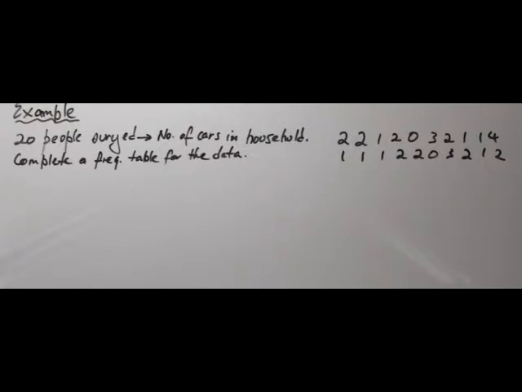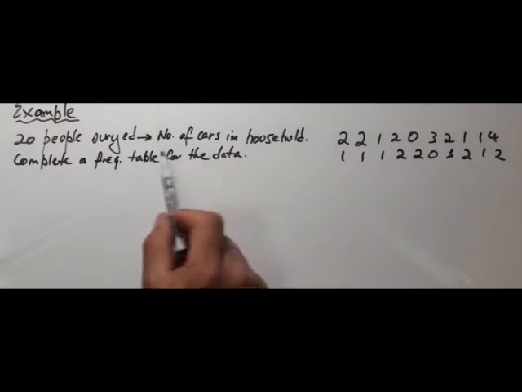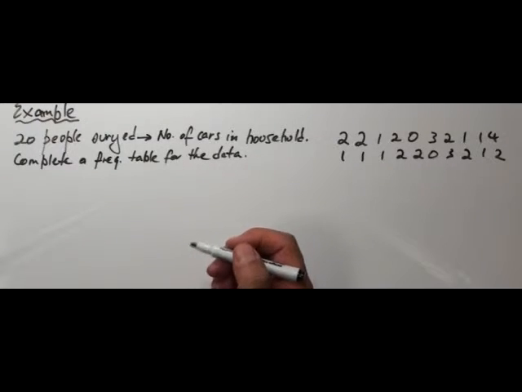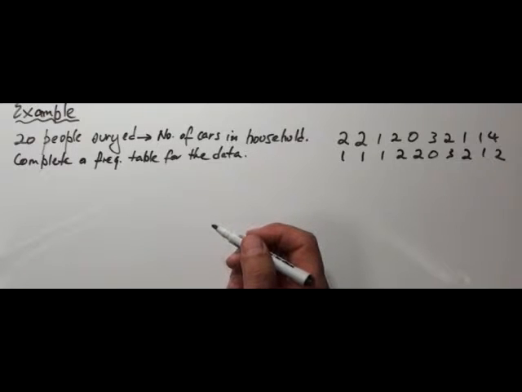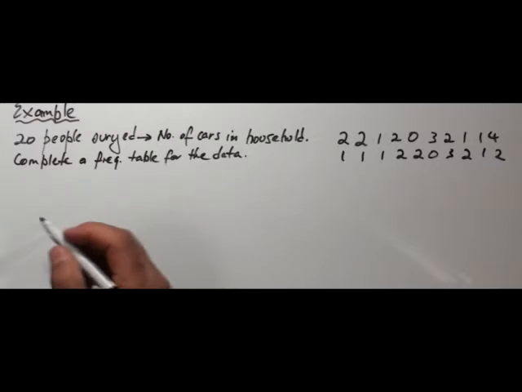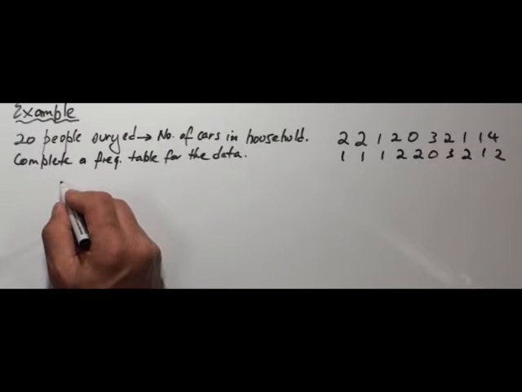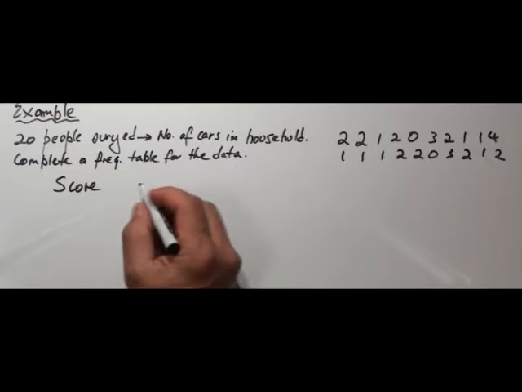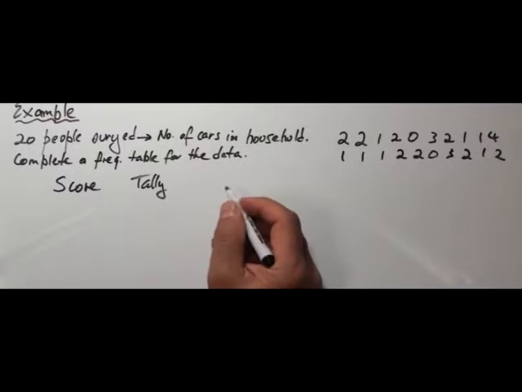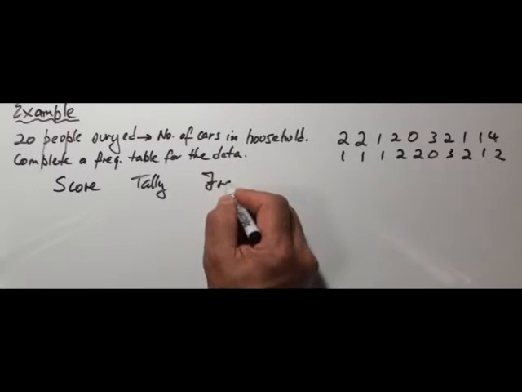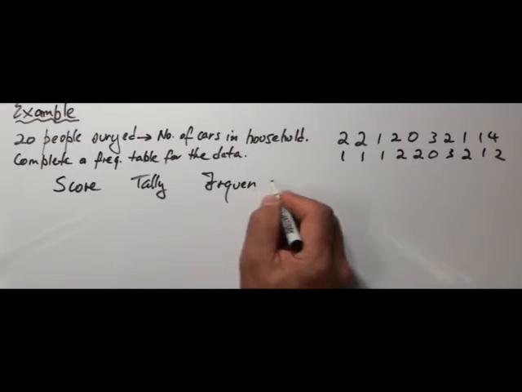In this case the score is the number of cars and the frequency is how many households have different numbers of cars. So let's put that down in a table. So we will put in the score, and then when we count it as a tally, and I'll show you what that means in a minute, and that then converts to a frequency.